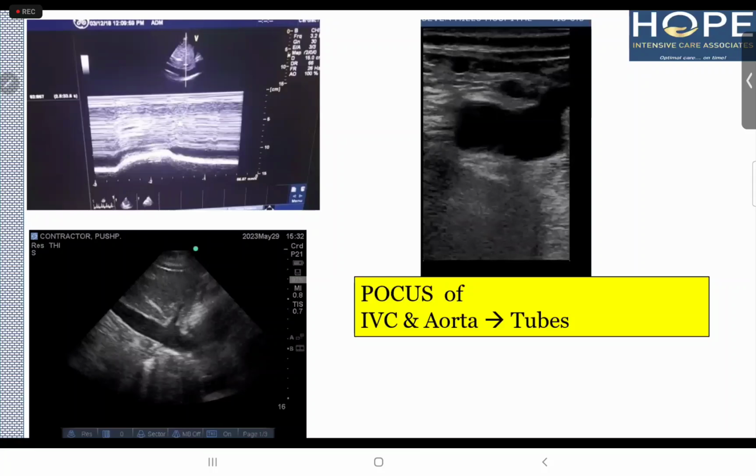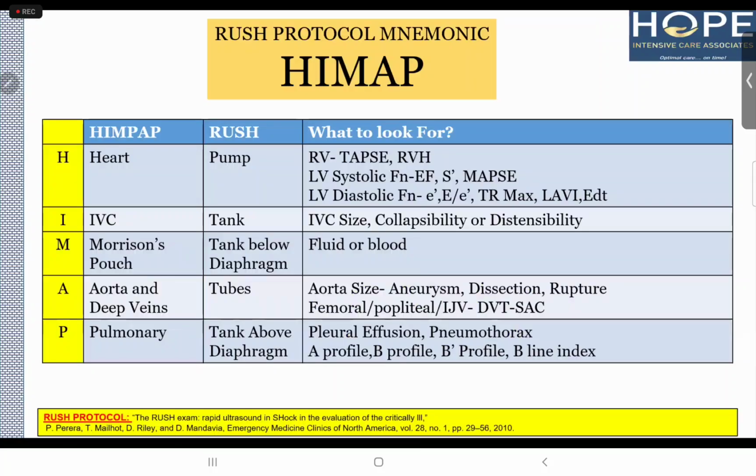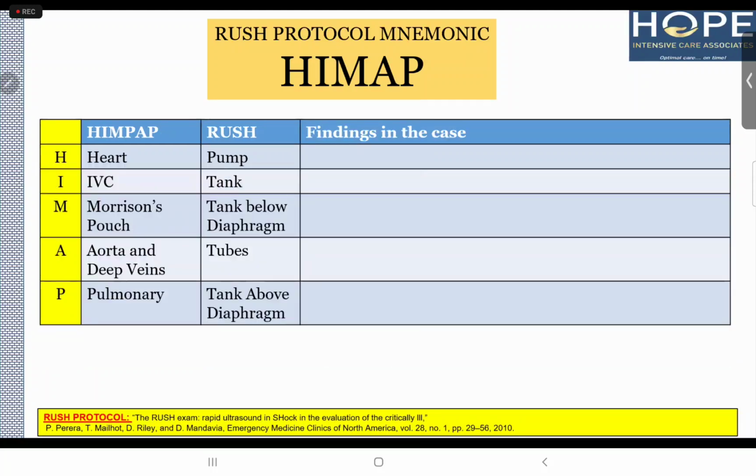So this is where the HIMAP summary would be. I would be following this pattern in the examples at the end, and I would keep this type of blank form when I start assessing for shock so that I don't miss anything and complete the protocol before deciding.